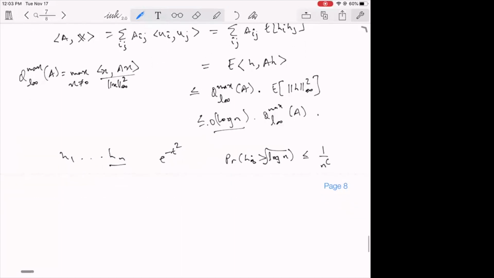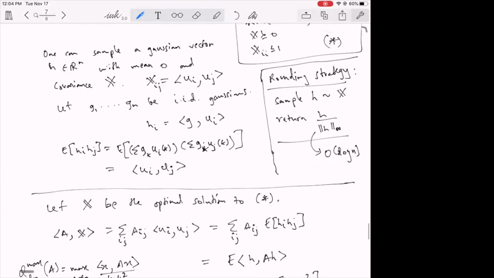And so we can take union bound over all the h's, right? And this intuitively tells you why the expectation of the maximum of n Gaussians is at most square root log n, and so this quantity is at most order log n.